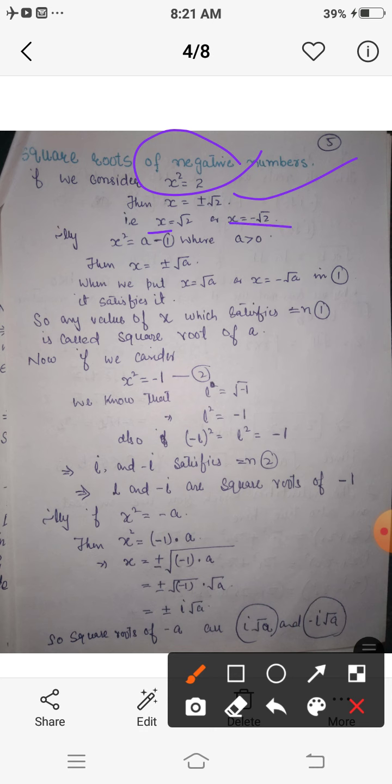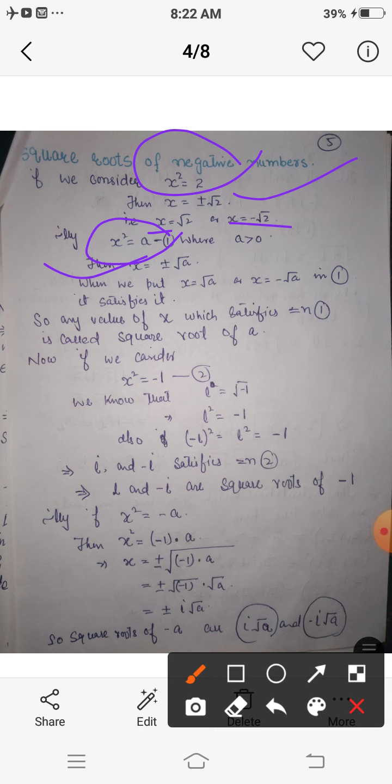Now these numbers, root 2 and minus root 2, are simply called the square roots of 2. Now if we consider the general equation x square equals a, where a is a positive number, then clearly its solutions are x equals plus minus root a, two solutions, because it is a quadratic equation.